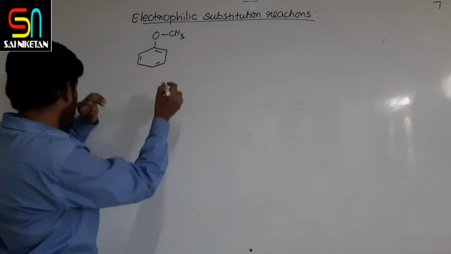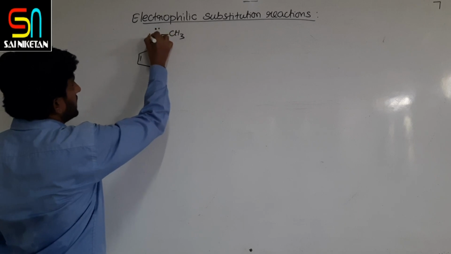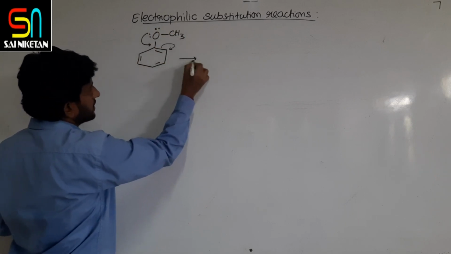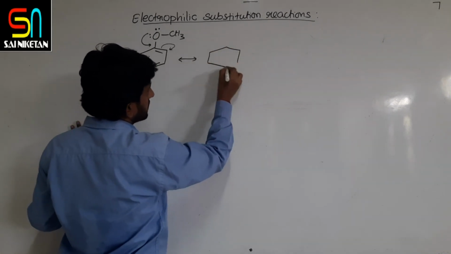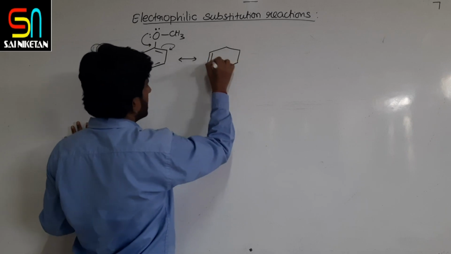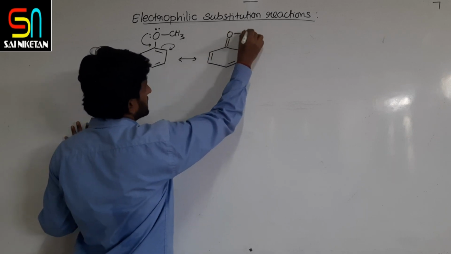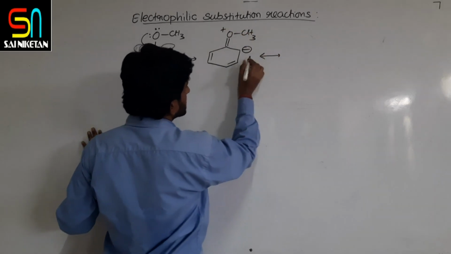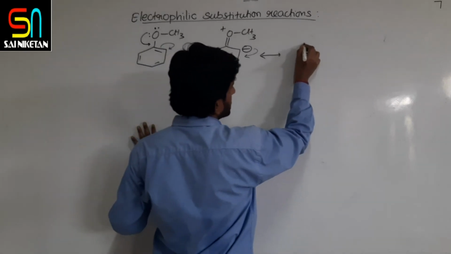So what is happening in this case? You know that oxygen carries a lone pair. So the electrons shift here, the ortho position gets negative charge, and oxygen gets positive charge. Next, in another resonance structure, this will go like this, and the para position gets electron rich.